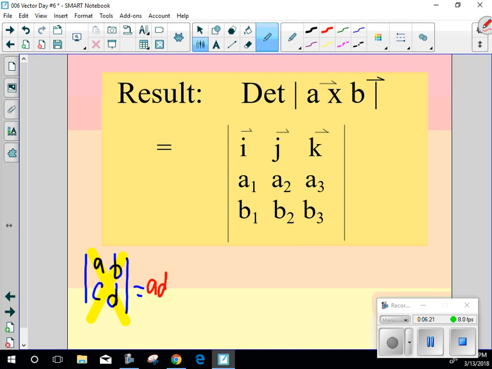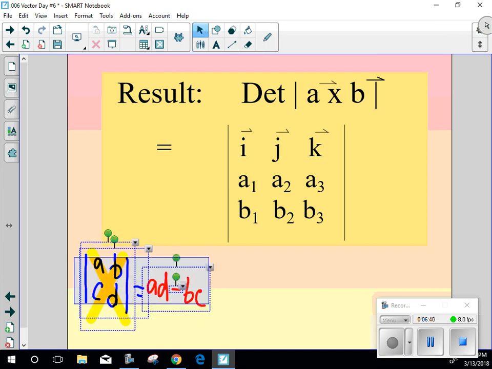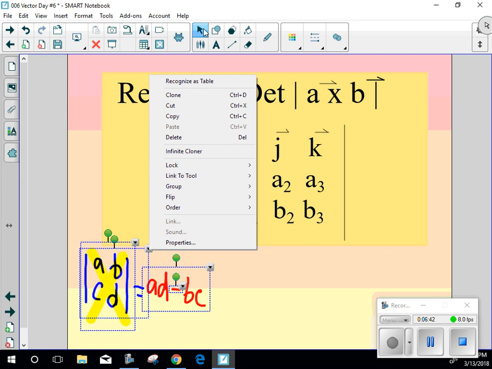A times D, then B times C. And I don't have the derivation for this offhand, but it is a minus in between. So you're going to go AD minus BC. That's a 2 by 2. But this is a 3 by 3. And the way we're going to handle that is we're going to mix a bunch of 2 by 2s in it.